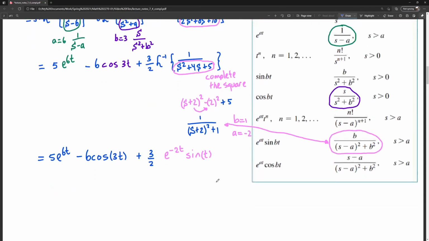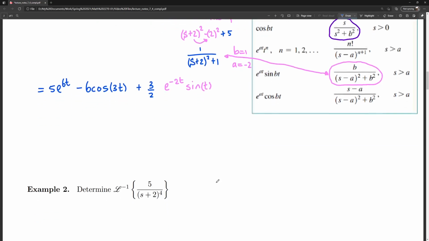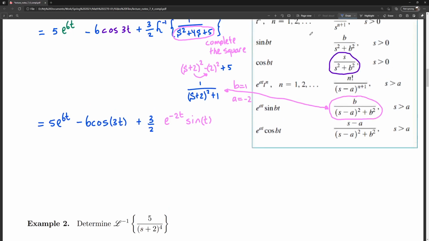So let's do one more example like that, and then we'll move on to somewhat more sophisticated methods. Let's find the inverse Laplace transform of 5 over s plus 2 to the power 4. So now we have to compare that with something in our table.